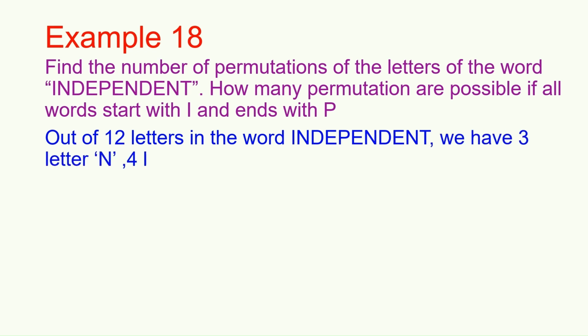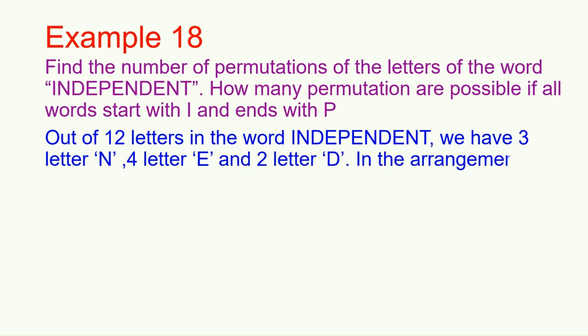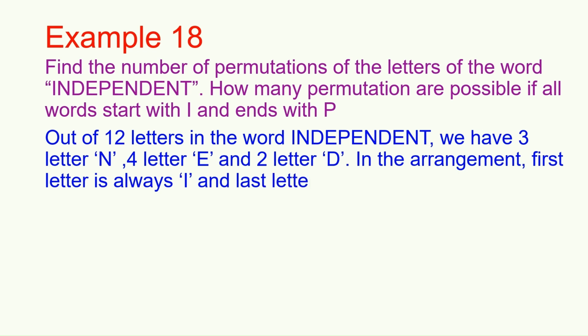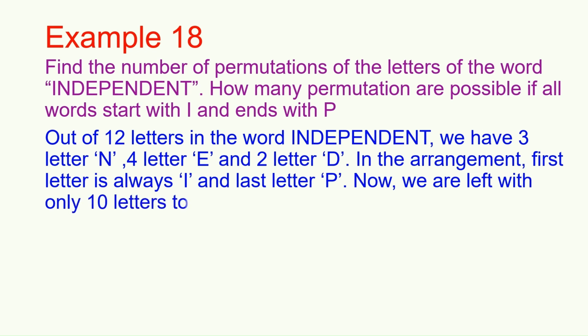Out of 12 letters in the word independent, we have 3 letter N, 4 letter E and 2 letter D. In the arrangement, the first letter is always I and the last letter P. Now, we are left with only 10 letters to place.